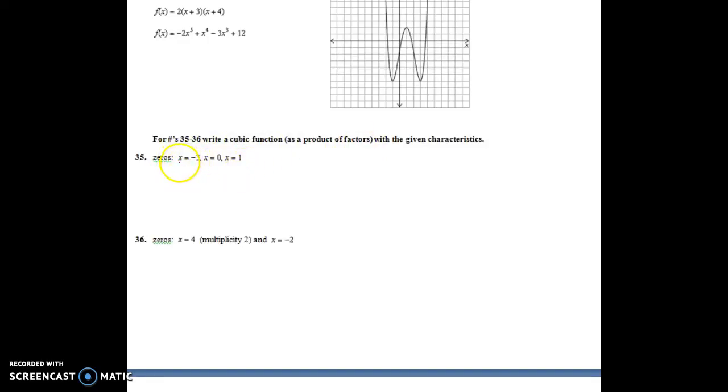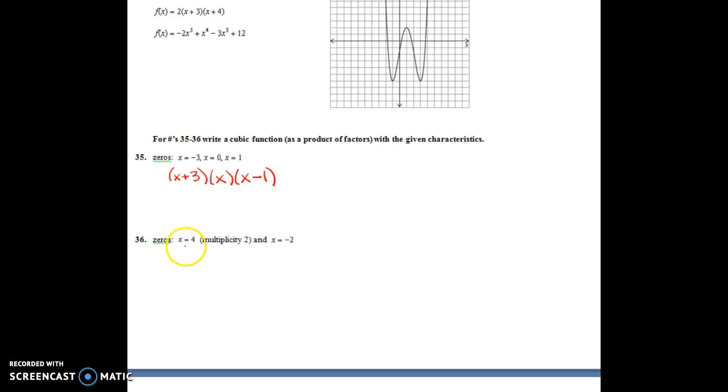So when it tells you you have an x-intercept of -3, that means you have a factor of x plus 3. If you have an x-intercept of 0, that means you have a factor of just x. And if you have an x-intercept of 1, that means you have a factor of x minus 1. And so all they wanted you to do was write this as a product, meaning all three are multiplied together. And the order doesn't matter.